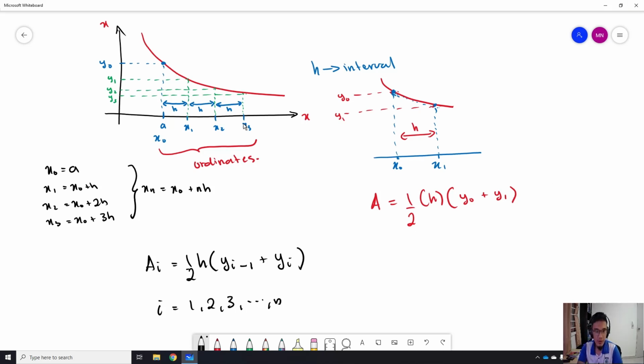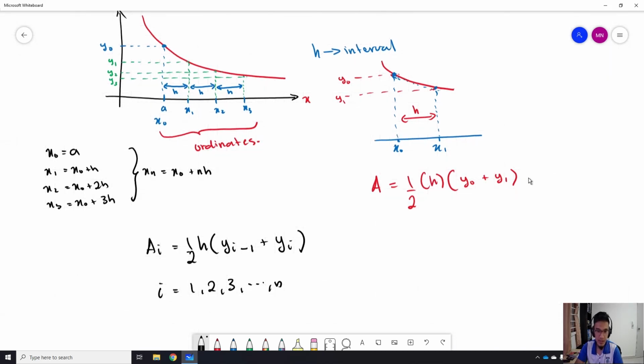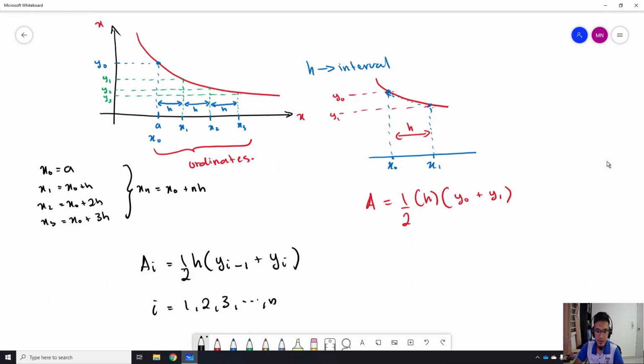When we want to find our first interval, from x0 to x1, the formula is written as A1, the first area, equal to 1 over 2 h (y0 plus y1). Then for A2, the second interval from x1 to x2, the formula will be 1 over 2 h (y1 plus y2).